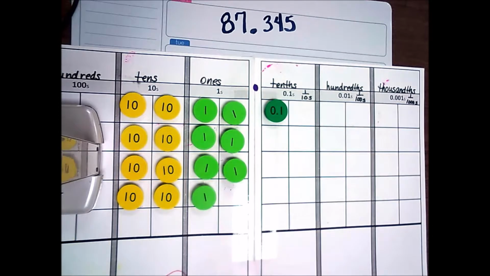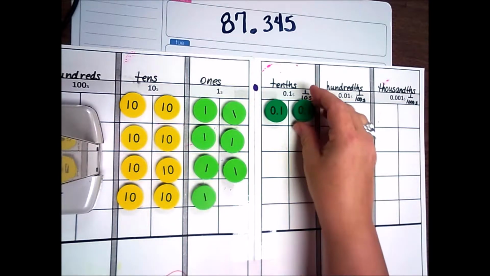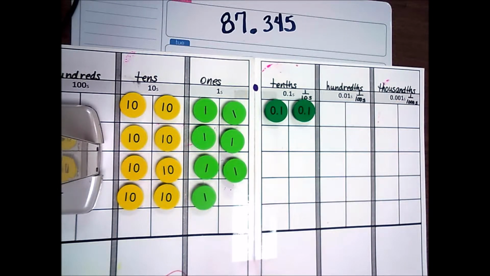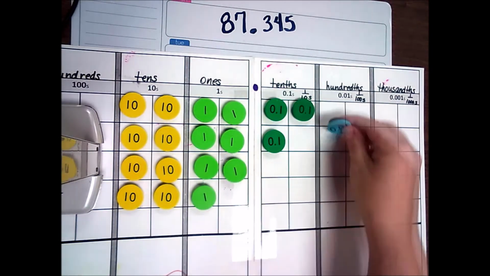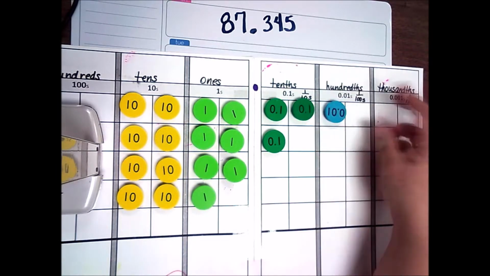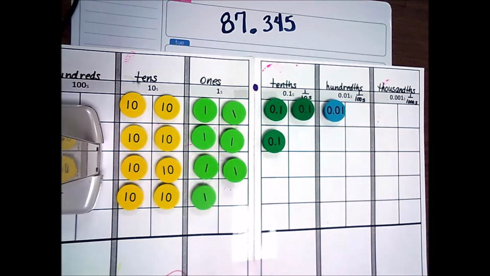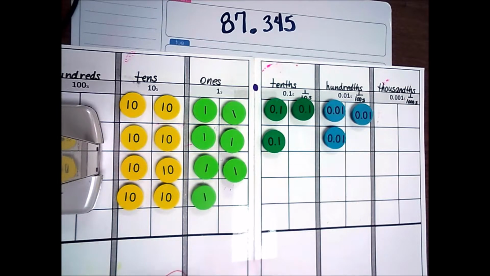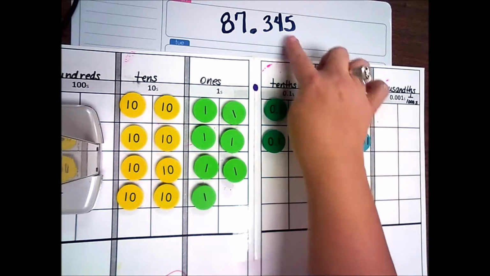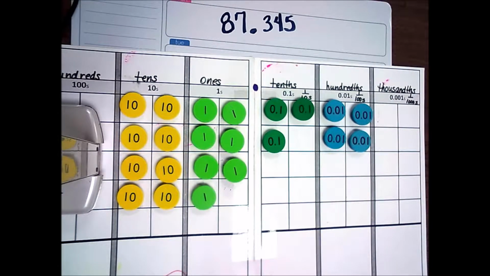So we do 3 tenths on here, and then 4 hundredths. You have the same issue with that, wanting to say it's 10, but again, the decimal. And 5 in the thousandths place, so 5 thousandths.